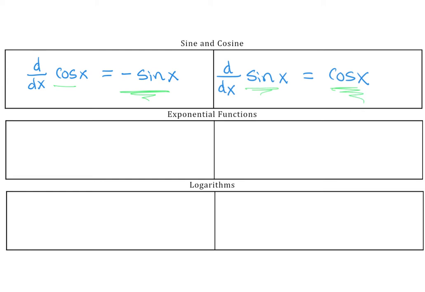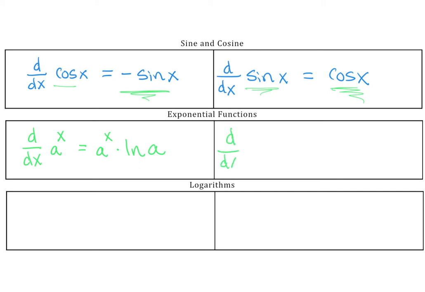All right, so now exponential functions. If I take the derivative, let's say I've got base a to the power of x, it is a to the power of x times the natural log of the base a. Then let's look at the special case when the base is e.